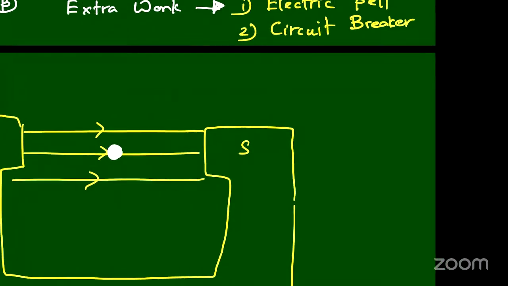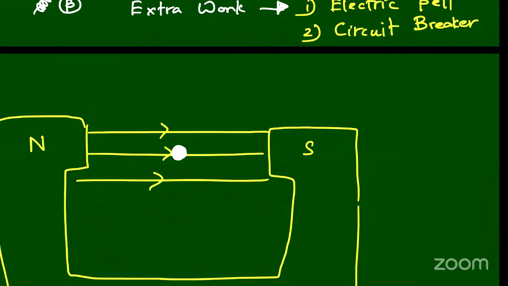Normally, if you need to say something is coming out of the plane, right? If we consider this flat surface, this screen, to be the flat plane, and something is coming towards you, then we use a symbol like this.